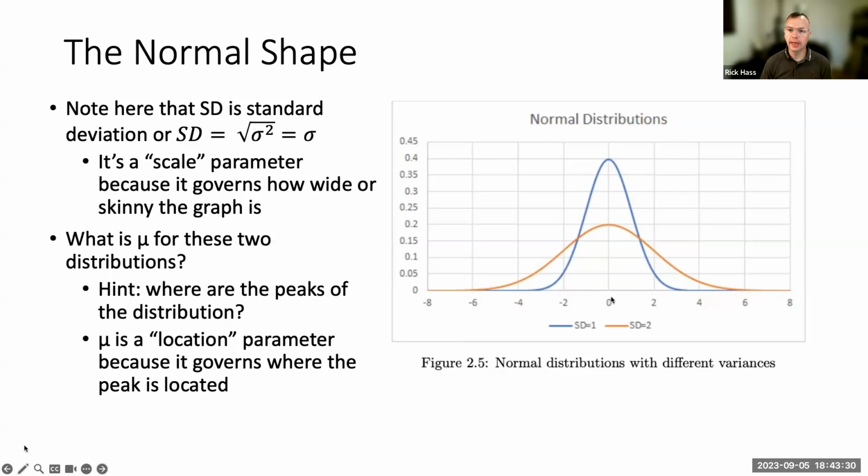But it turns out that this blue line represents a very special type of normal distribution, one in which the mean is 0, and the variance is 1, but since the square root of 1 is also 1, its standard deviation is 1.